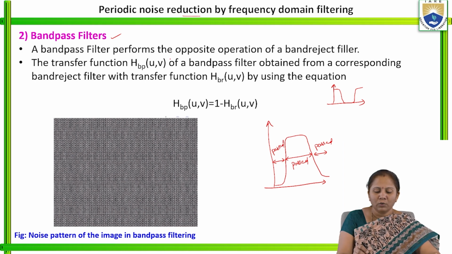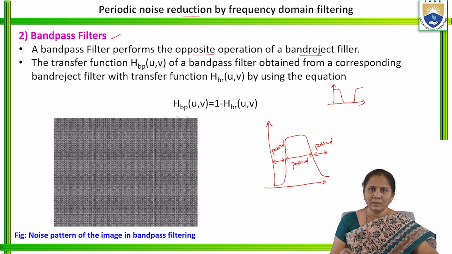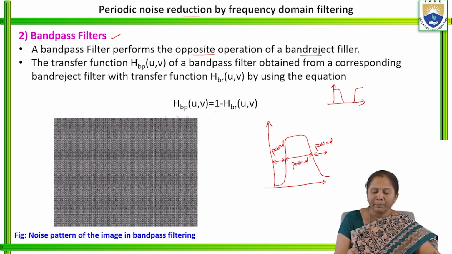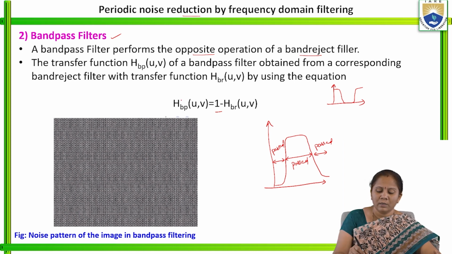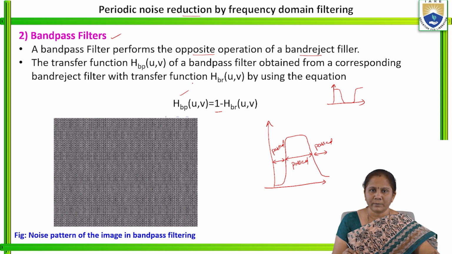Okay. So band pass filter performs the exact opposite operation of band reject filter. So already we have discussed band reject filter. Considering all the mathematical expression of band reject filter, if you subtract that value from 1, then the value we are getting is equal to band pass filter.